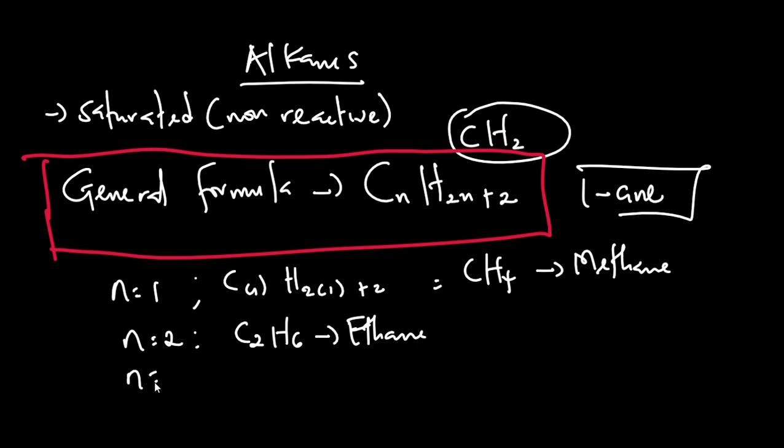Now you move to n equals 3. That gives me C3H8, which is propane. I'll just switch to the next screen. We have n equals 4, which is butane. Apologies.